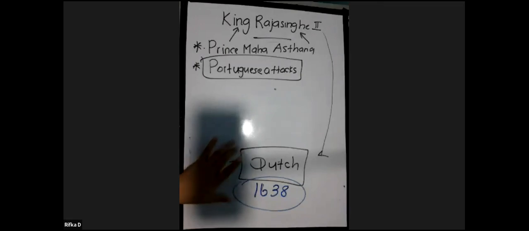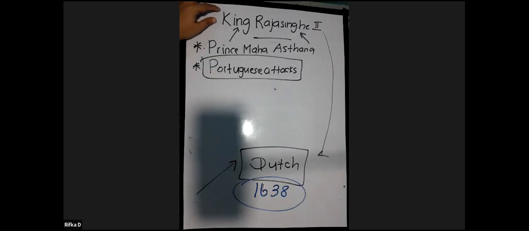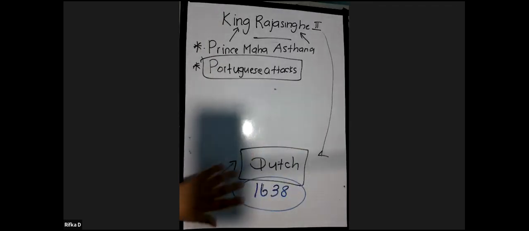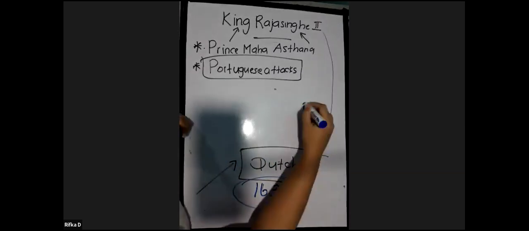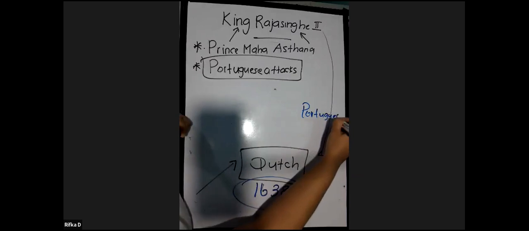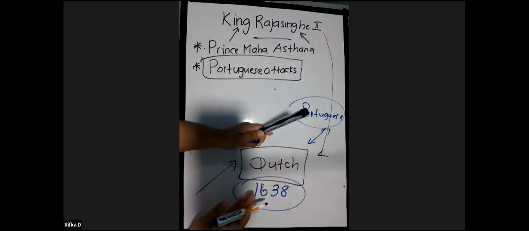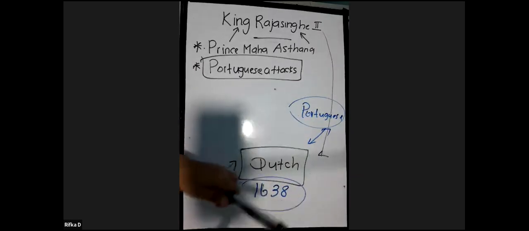But according to this agreement, the fortresses that were captured from the Portuguese should be handed over to whom? To the king. But later on, what happened, children? After the Dutch captured all the fortresses in the coastal areas which were under the Portuguese, they started violating the agreement.